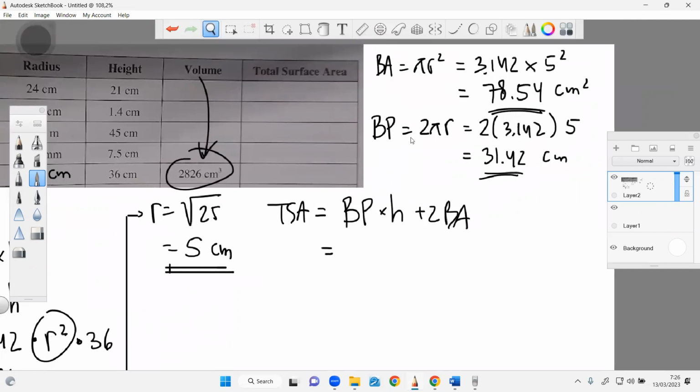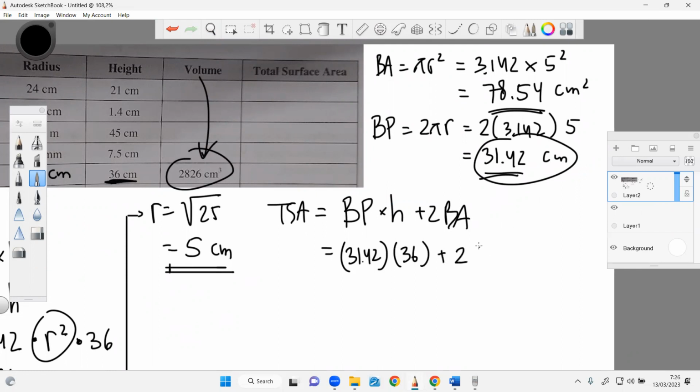Now you do the total surface area. BP is 31.42, you just substitute. The height is 36, it's already given from the question. Plus 2 times 78.54.